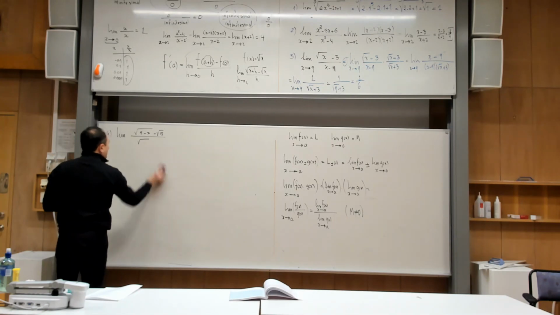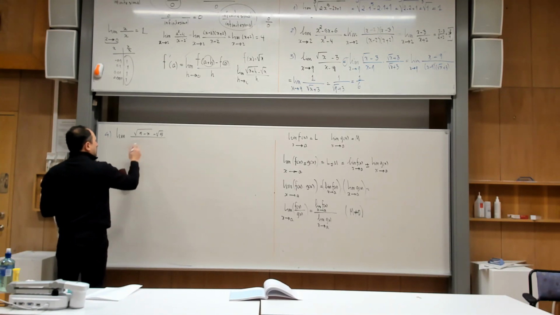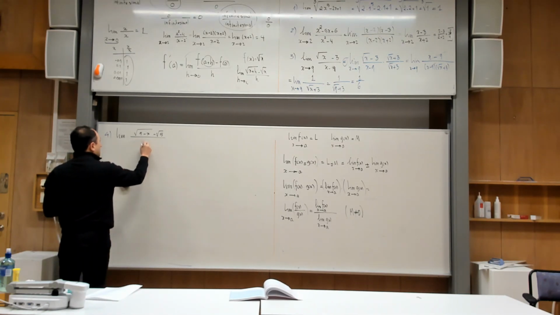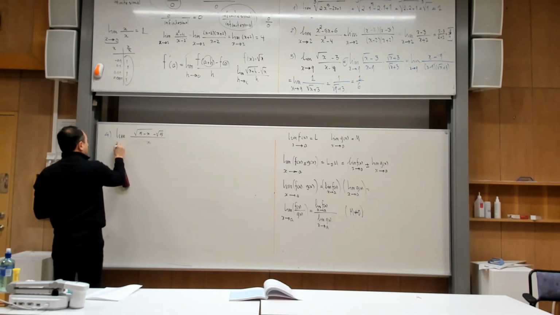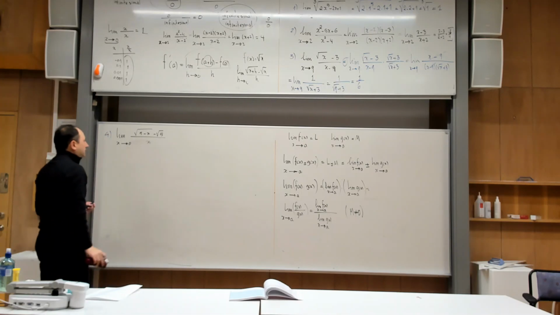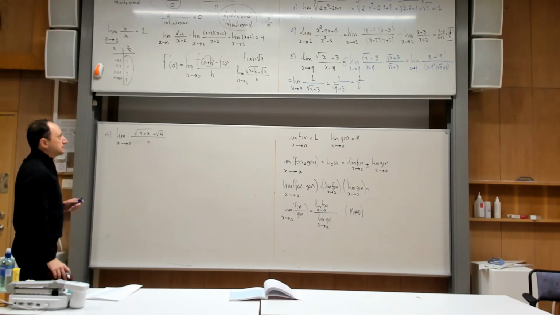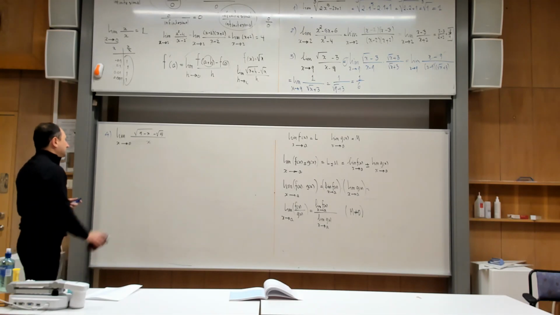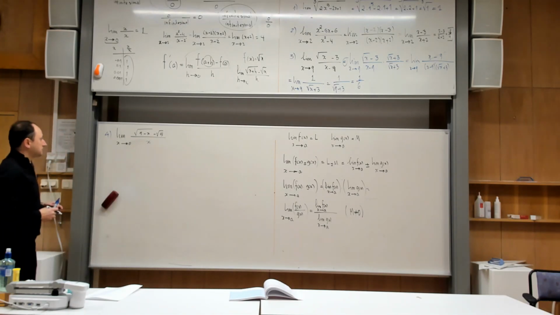Let me make it harder gradually. So we want to calculate this. What type of limit is this?